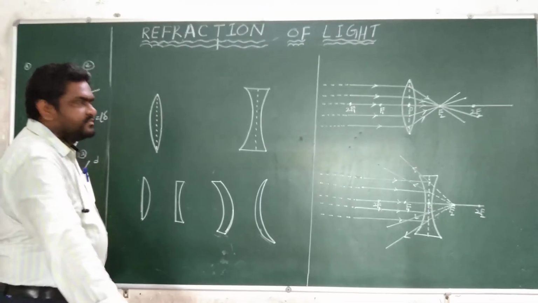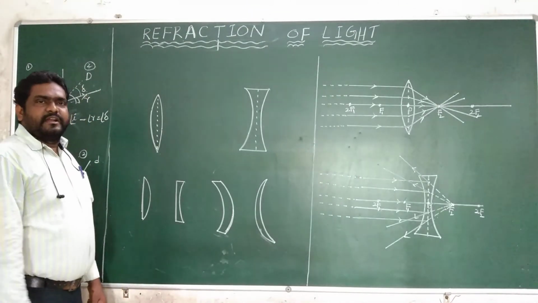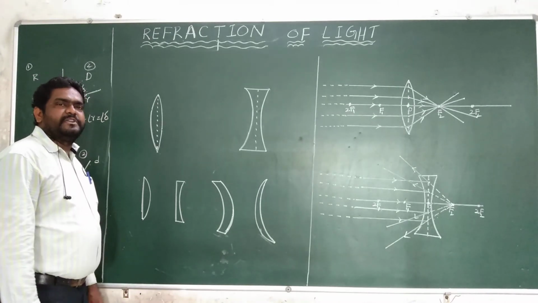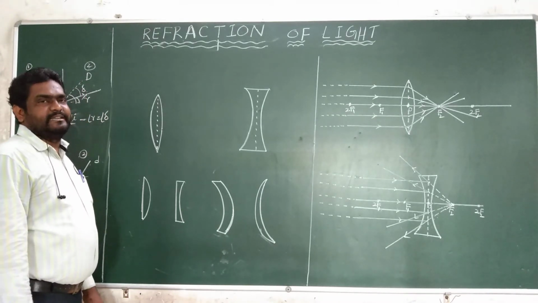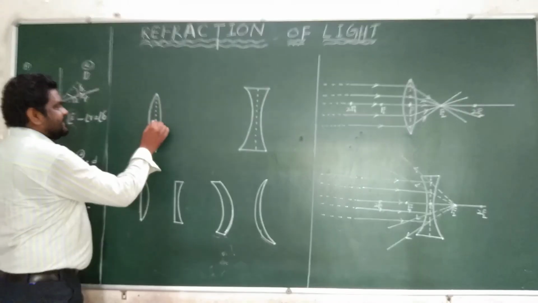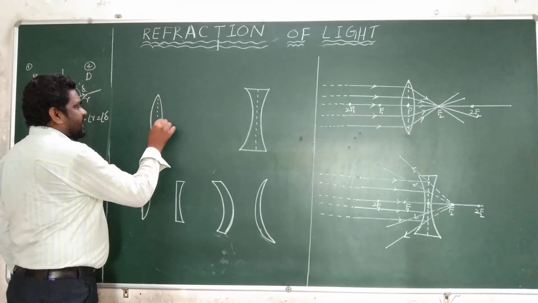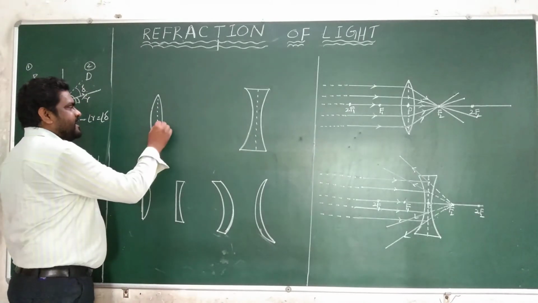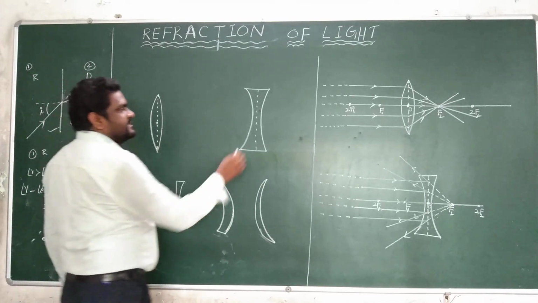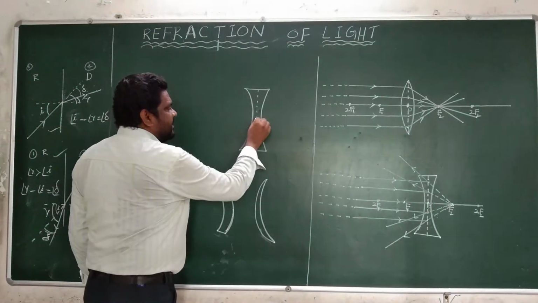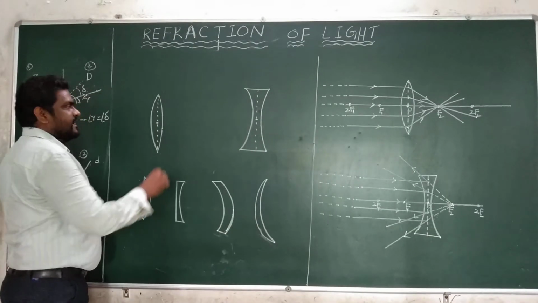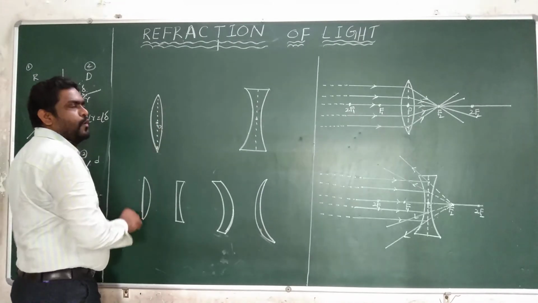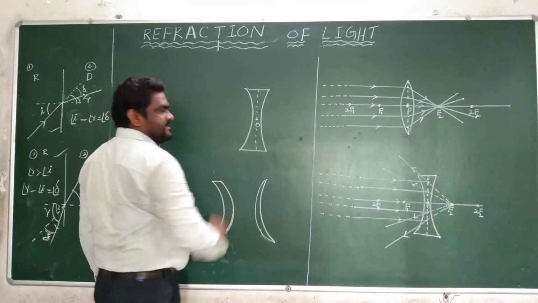After that, we discuss the optical center or optic center. Optic center is nothing but the center of the lens. It is the point at the center of the lens. This is the optic center. Optic center or optical center is represented with the letter O. It is also O like this.